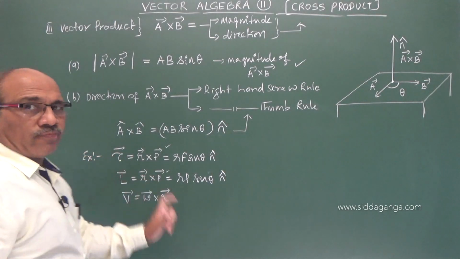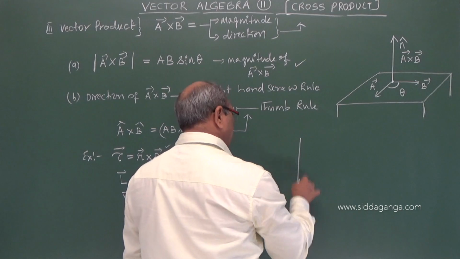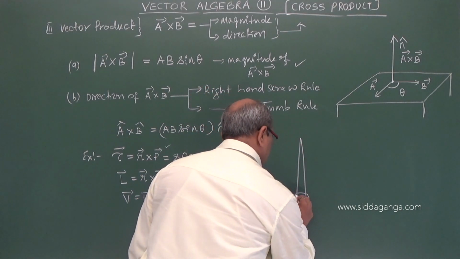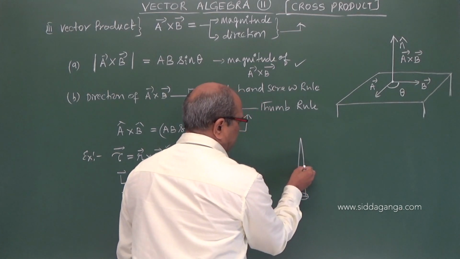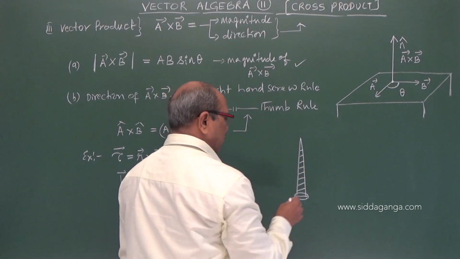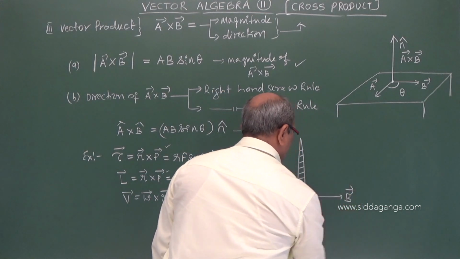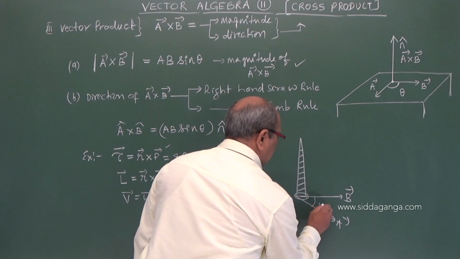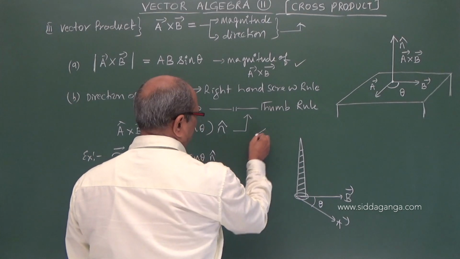See here now. The right hand screw rule: to see the direction of the vector product, let us imagine a right hand screw. We know the screw we fit into cardboards to fix one board with respect to the other. If one vector is B and the other vector is A, making an angle theta, now we can think of a board.